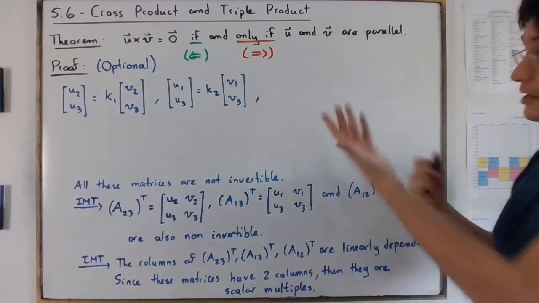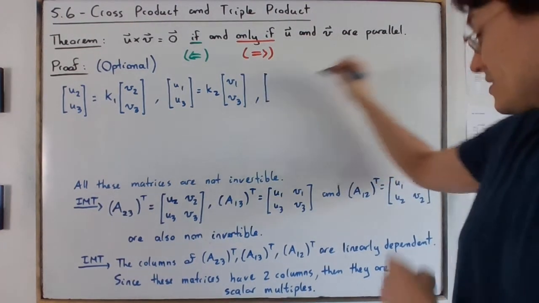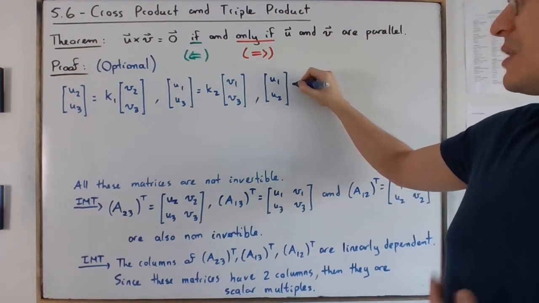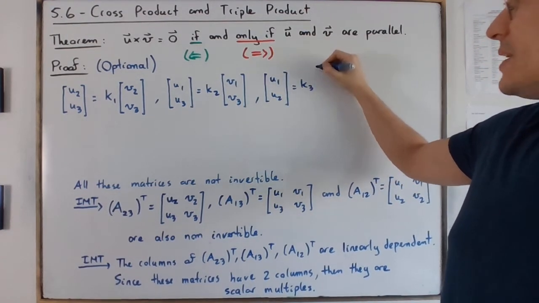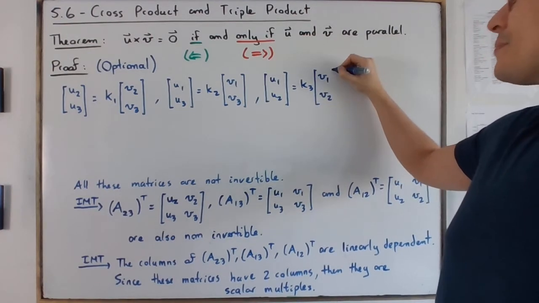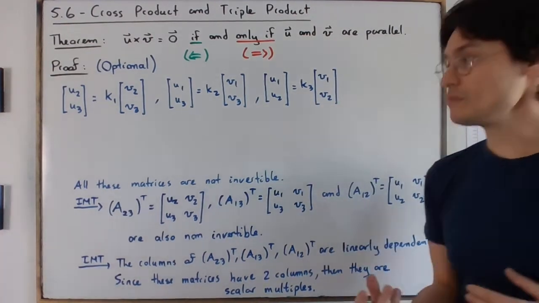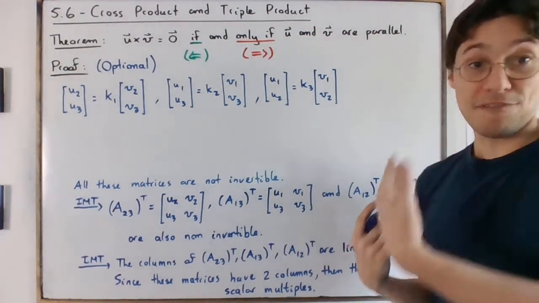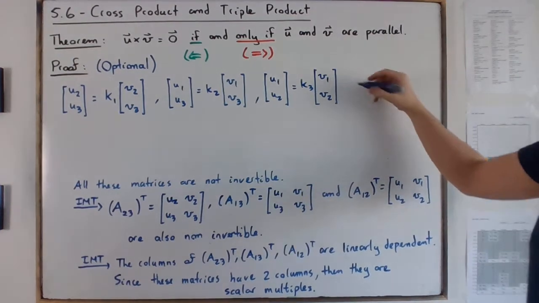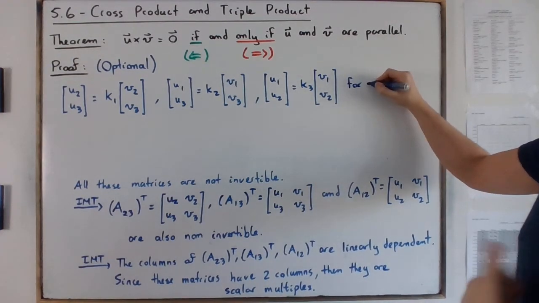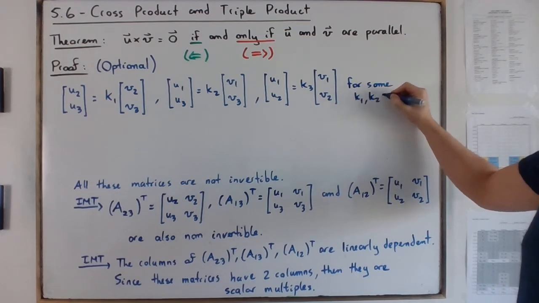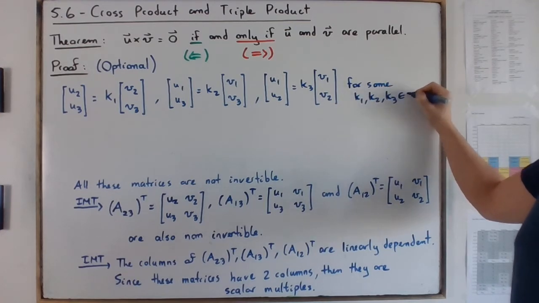And finally, again, the same for the matrix that we have right here, u1, u2 must be equal to some k3, v1, v2. Okay, and for now, nothing guarantees that K1, K2, K3 are the same, right? Like this is going to be true for some K1, K2, K3 in R.